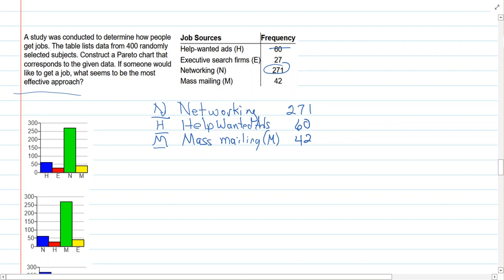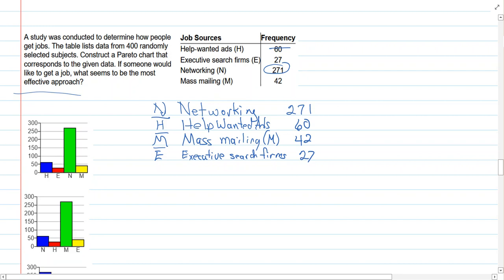And the last one is executive search firms. When you pay money to find you a job, they look for the job you'd like, and they seek employment for you.